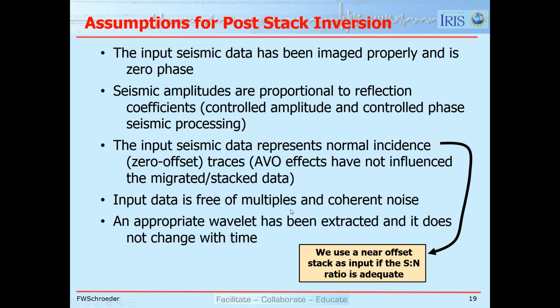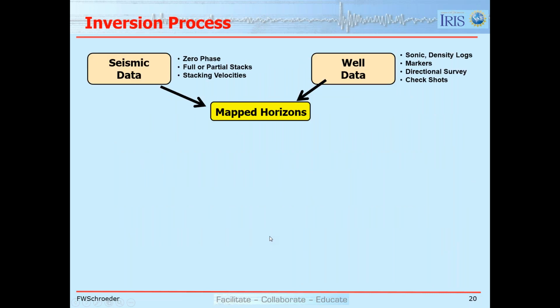Another assumption is that we don't have multiples or coherent noise, and so hopefully our processors have been able to eliminate both the multiples and the coherent noise. And we need an approximate wavelet, and we assume that what we've extracted is appropriate and does not vary too significantly as a function of two-way time.